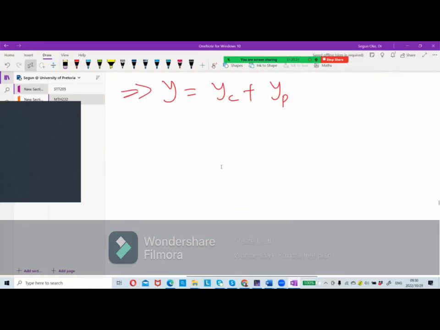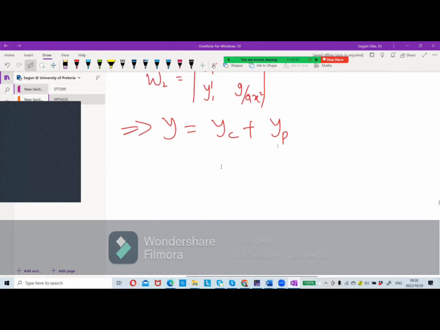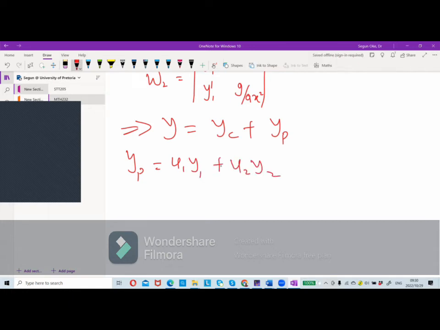When you solve your homogeneous, you get your yc. Then for yp, which is y particular, is u1 y1 plus u2 y2. So let's look at the example. When we solve the problem, you will understand it far better.